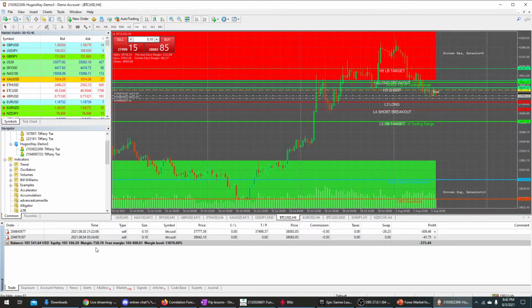$19 of margin, which is pretty much the amount of risk I'm taking for a potential gain of maybe $200. So free margin, if you deduct this from that, is how much money you have.